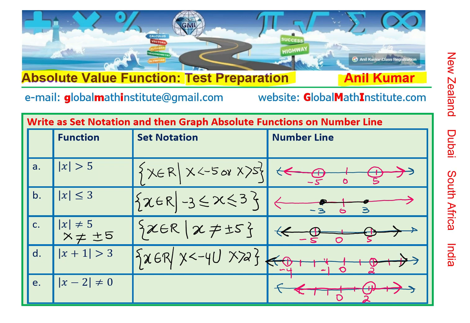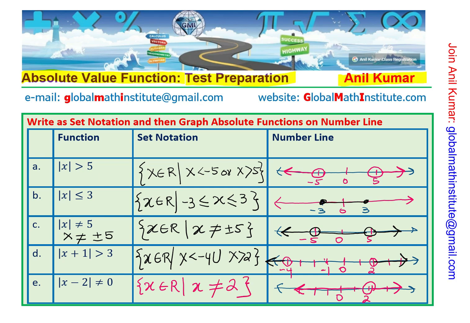Important thing here is that we have solved the last two, three questions even without getting into solving inequalities. So we get x belongs to real numbers where x is not equal to 2. Perfect. Because at 2 it will be 0, and we want something which is not 0.